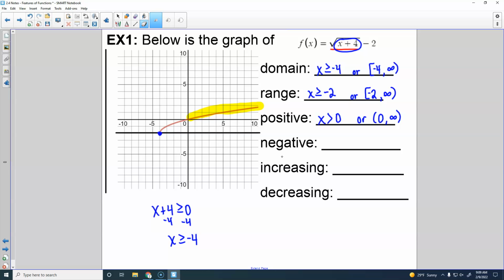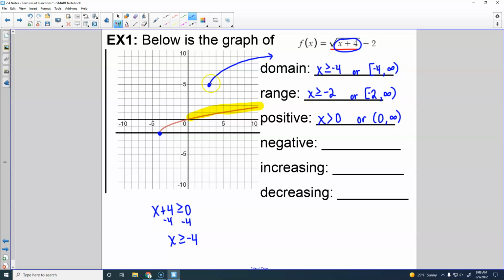There is one case where we'd use a bracket. The time that we would use a bracket is if we had maybe a square root that started up here, something like this. So this would always be positive, right? It's never negative at all. And this end point is positive here.